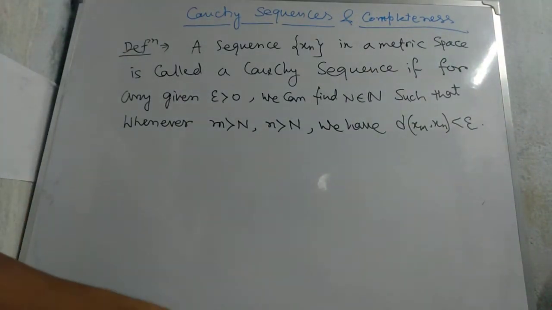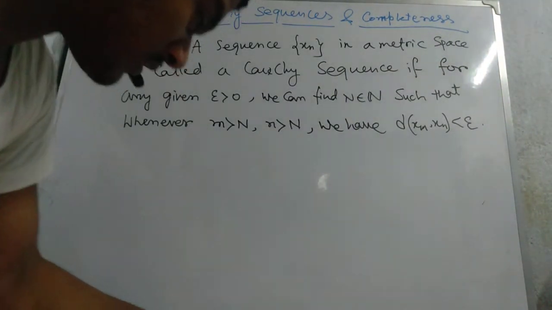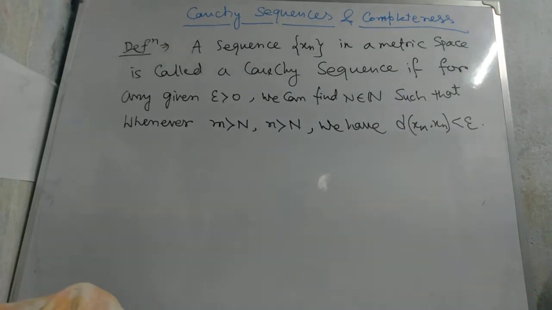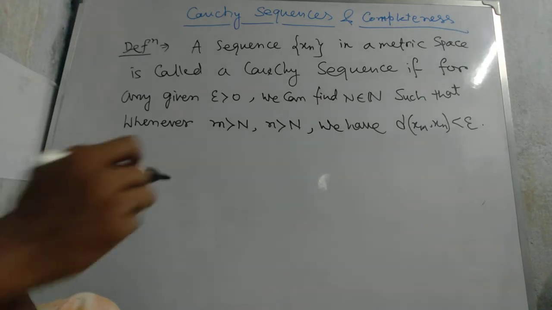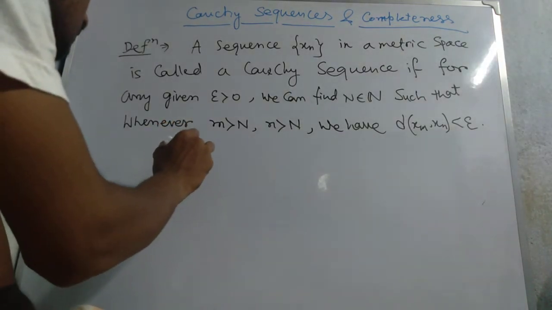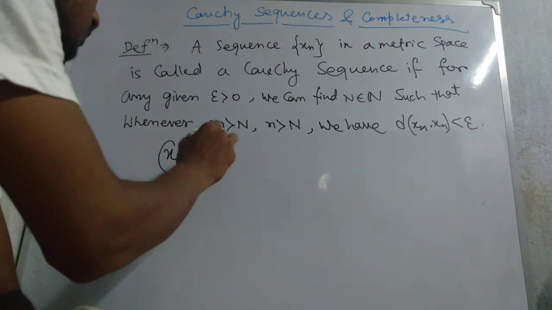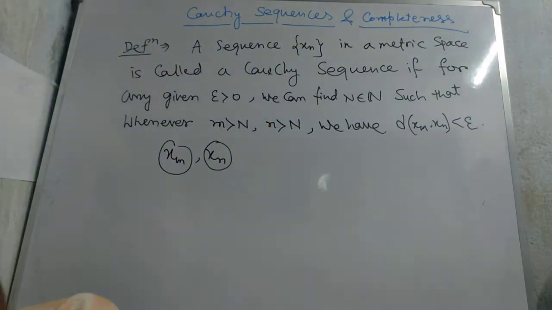Okay, now we start another problem. We just wrote the definition of Cauchy sequence. That means the distance of two terms of this sequence is less than epsilon.